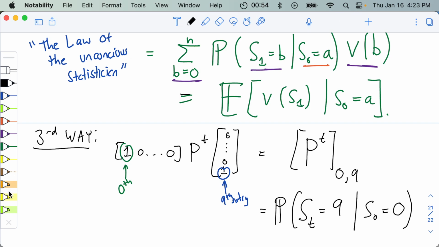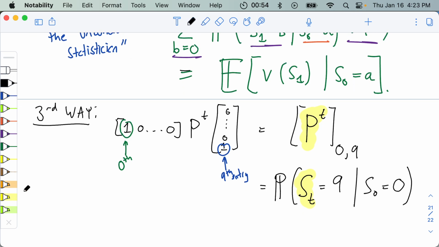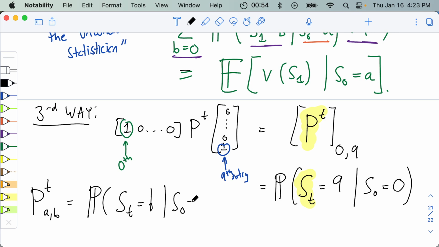The big identifier here is that P^T is actually the Markov transition matrix for the T-step process. So P^T AB equals the probability that S sub T equals B given S0 equals A. Just 1 copy of the matrix is doing 1 step, T copies of the matrix are doing T steps. You can check this either the forward way or the backward way and see why it's true. This is sometimes useful to think about.